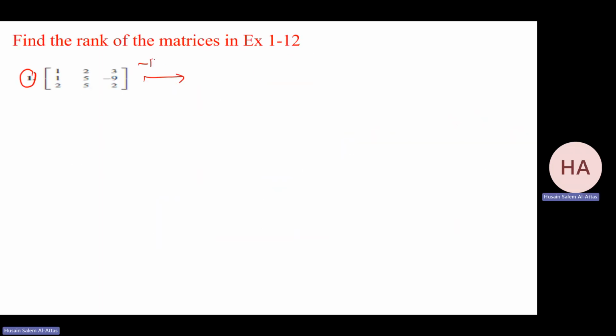So minus R1 plus R2, minus 2R1 plus R3. I have 1, 2, 3. This is 0. Minus 2, that will be 1. Minus 2, that will be minus 15. Minus 1 and add, that will be 3.